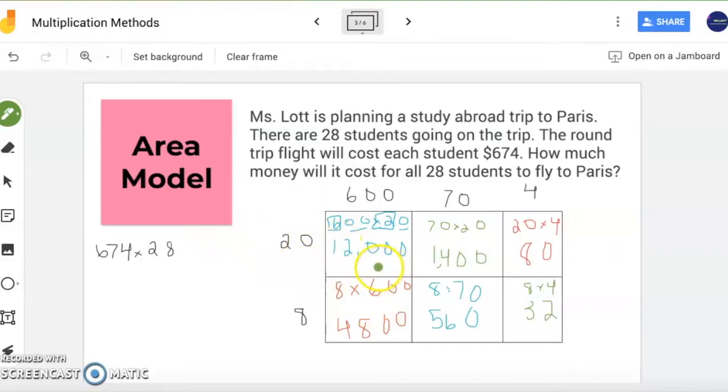So I like to organize my answers from greatest to least. So here, the first one, I have 12,000. And notice I'm trying to keep this very organized, lining up each digit. Then my next largest is 4,800. Oh, this is a 0. And then I have 1,400.